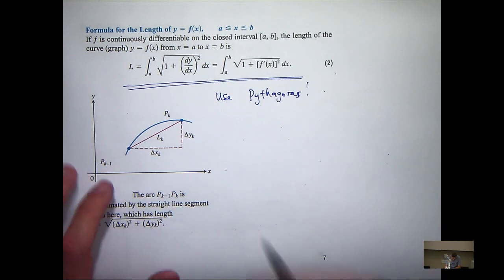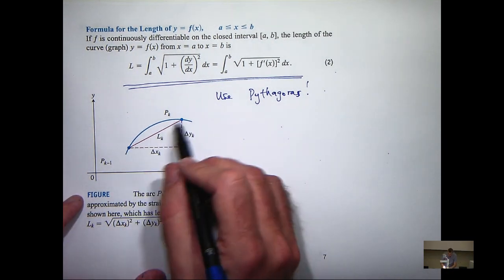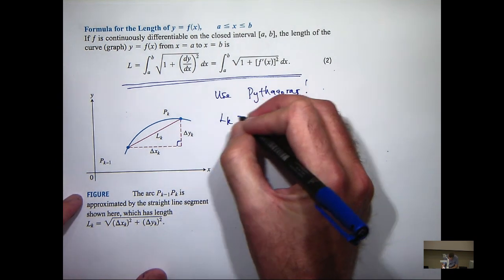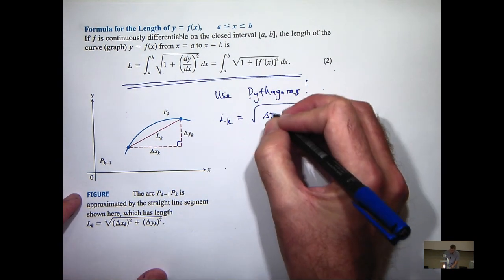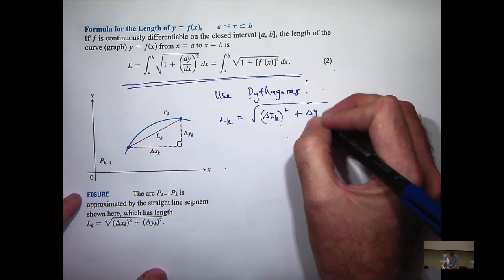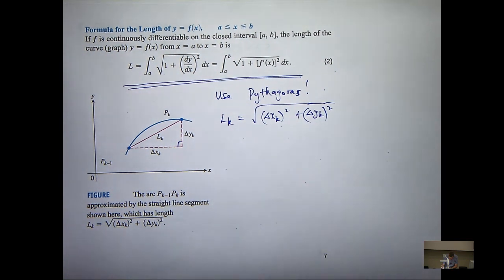Let's think about what this hypotenuse length is. By Pythagoras, this is the length of L sub k, the hypotenuse in this case.